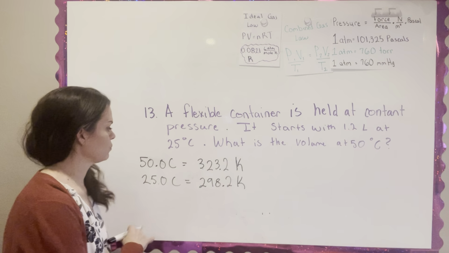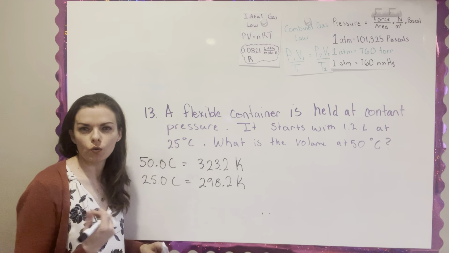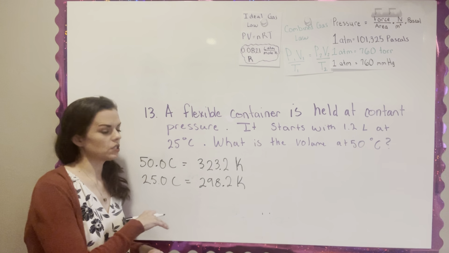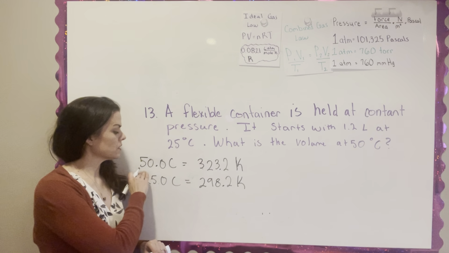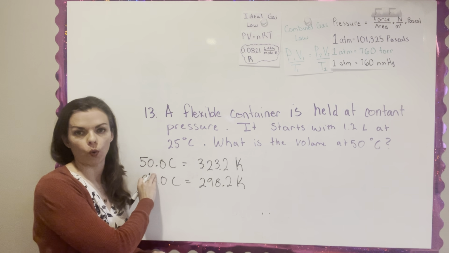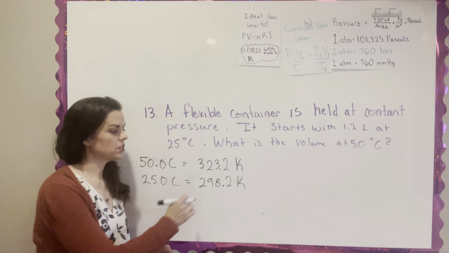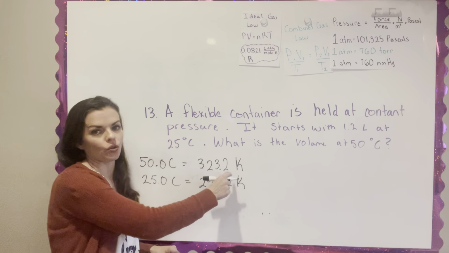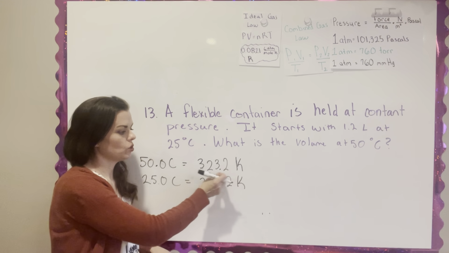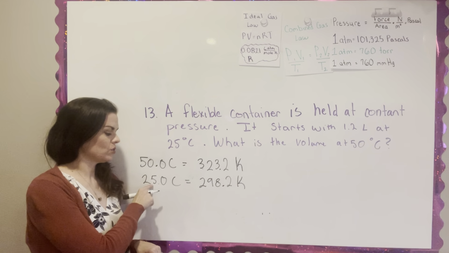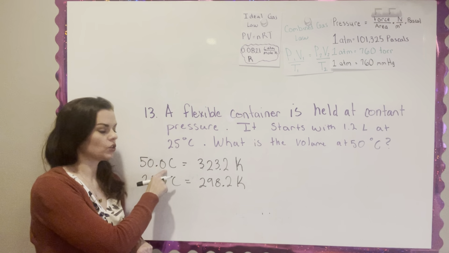All right, so when I converted these into kelvins, I don't want you to get totally confused with my significant figures here, but just like we talked about last time, I'm basically taking 50 degrees and adding 273.15. And if you'll see here, I don't have a 0.15 in my answer. I actually rounded that to 0.2. The reason I did that is that the problem gives me the tenth of a degree.